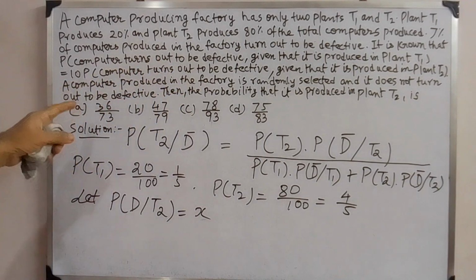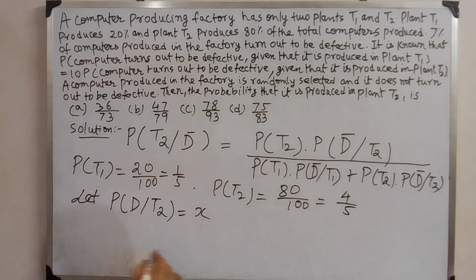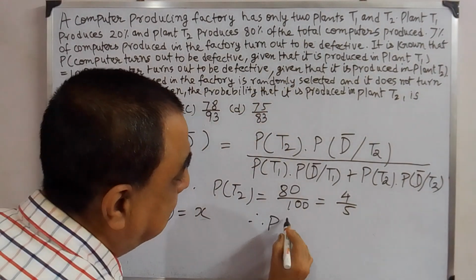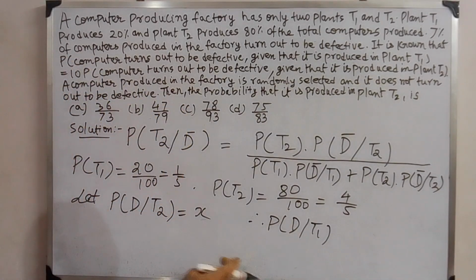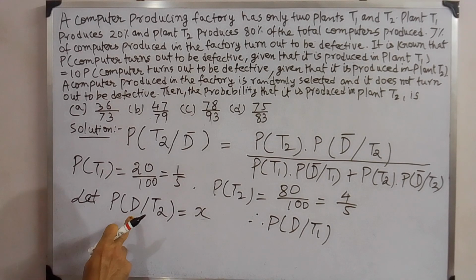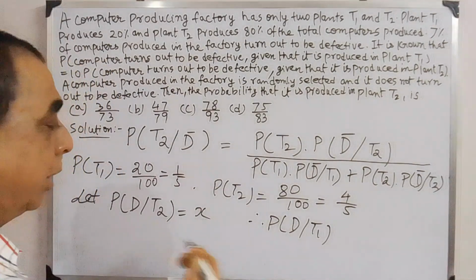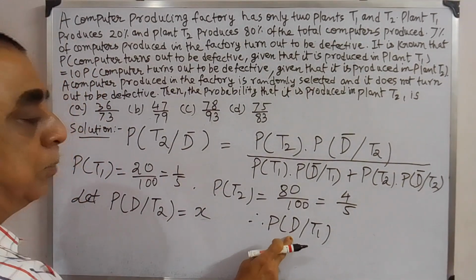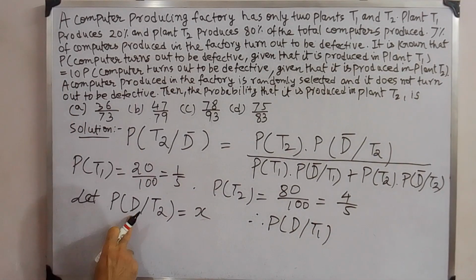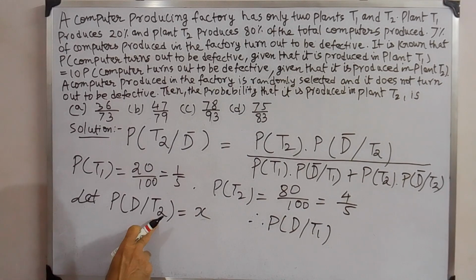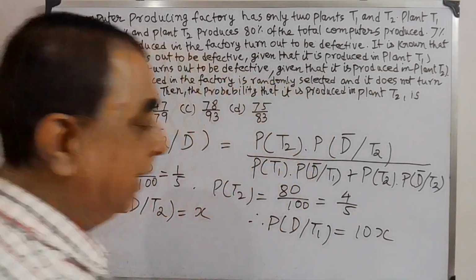In the question it is given to us that the probability of the computer being defective, provided that it is produced in T1, is 10 times the probability of the computer being defective, provided that it is produced in T2. So the probability of the computer being defective, provided that it is produced in T1, will be equal to 10x.